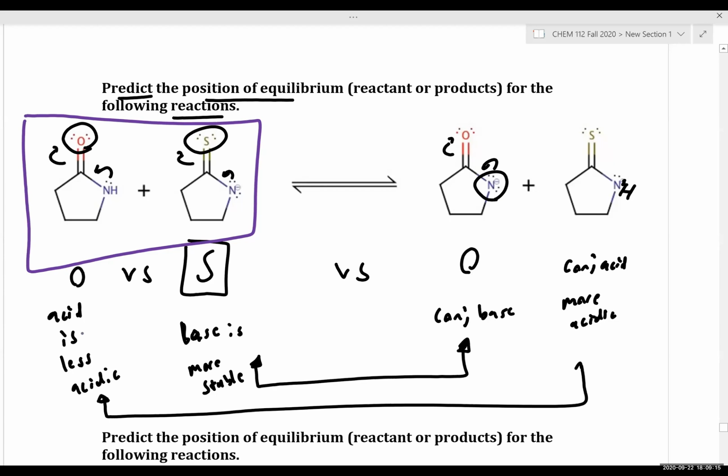Because our acid is less acidic and our base is more stable than our conjugate base. Does that make sense to everyone? Just like before, as a general rule, the weakest acid is favored.